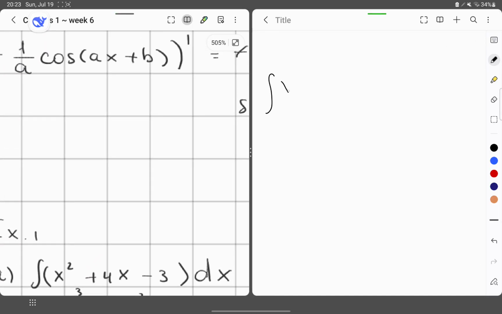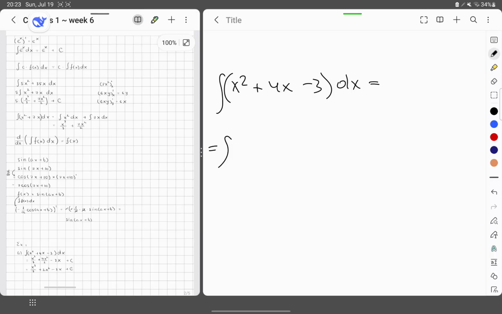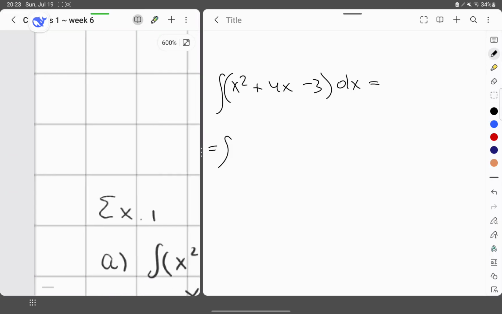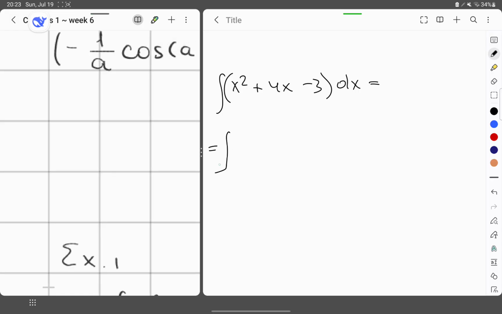The integral of x squared plus 4x minus 3 dx. According to our sum rule, I want to write this as x squared dx plus 4x dx minus 3 dx.